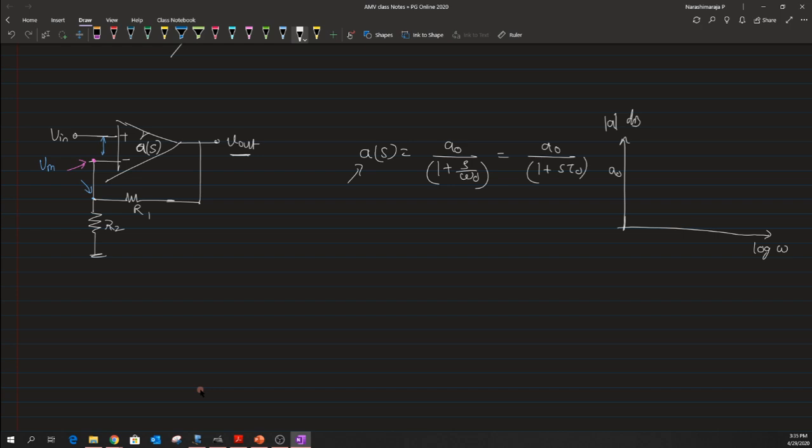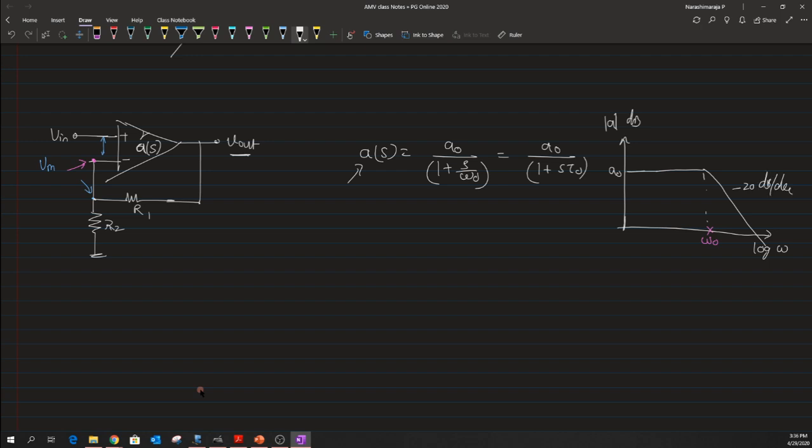Under DC conditions the gain stays almost constant, and when we reach a particular frequency, which is nothing but the 3 dB frequency of this open loop configuration, omega naught, the gain will start degrading at a rate of minus 20 dB per decade. Let me use a piecewise approximation here, rather than drawing the actual graph getting degraded at omega 3 dB. After this, let us assume that the gain is degrading at a rate of minus 20 dB per decade.